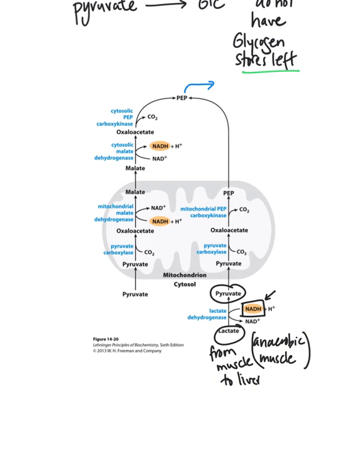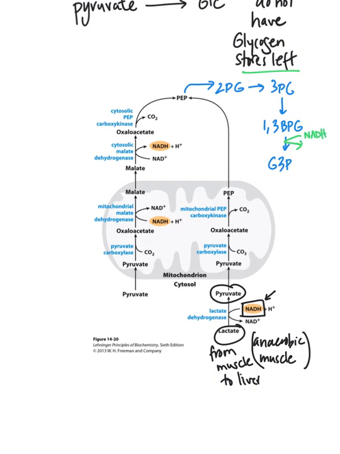From PEP, you go to 2-phosphoglycerate, which goes to 3-phosphoglycerate, which goes to 1,3-BPG. So I'm just drawing gluconeogenesis now, which goes to G3P. And this step requires NADH.